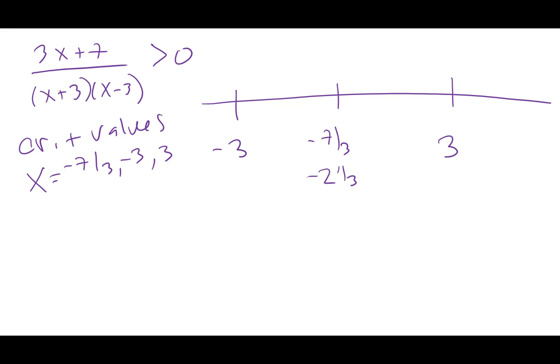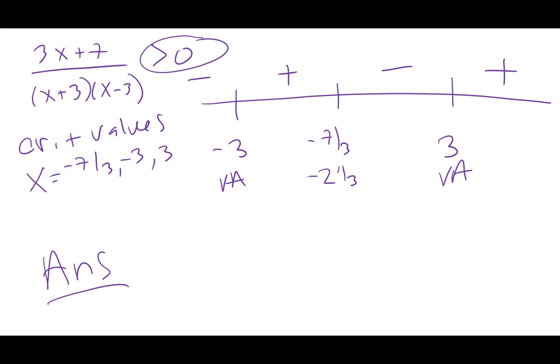Hopefully at this point you're getting better at the sign analysis. If you go ahead and test values, you should get a positive, a negative, a positive, and a negative. Again, I like to just indicate where the vertical asymptotes are, so I remember to never include them. Because you are trying to find where the graph is strictly greater than 0, that means you are choosing the positive locations.